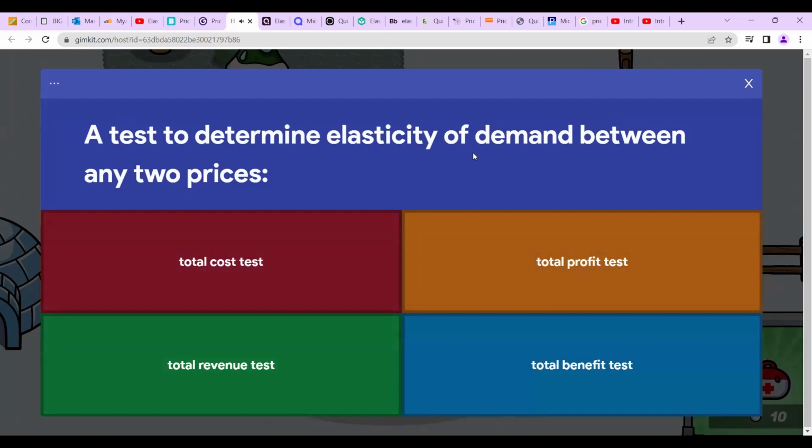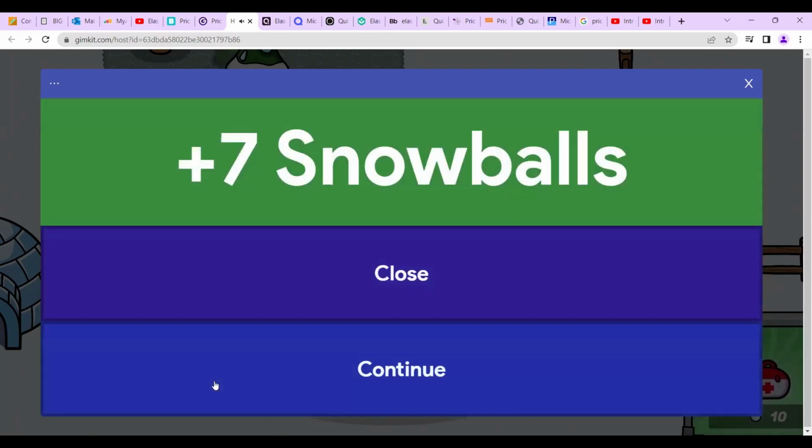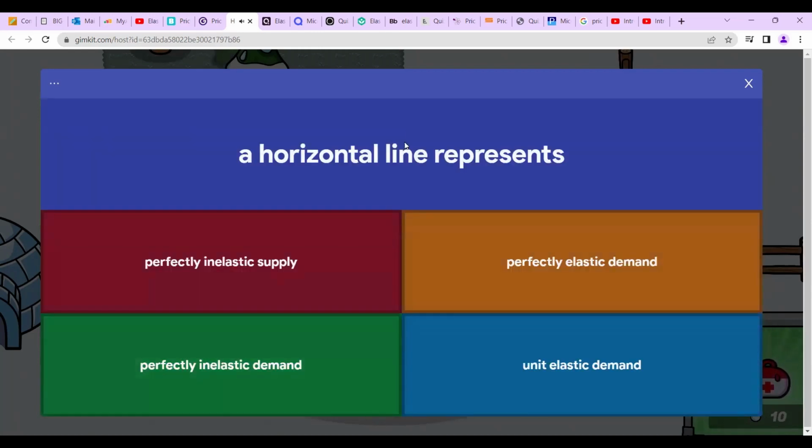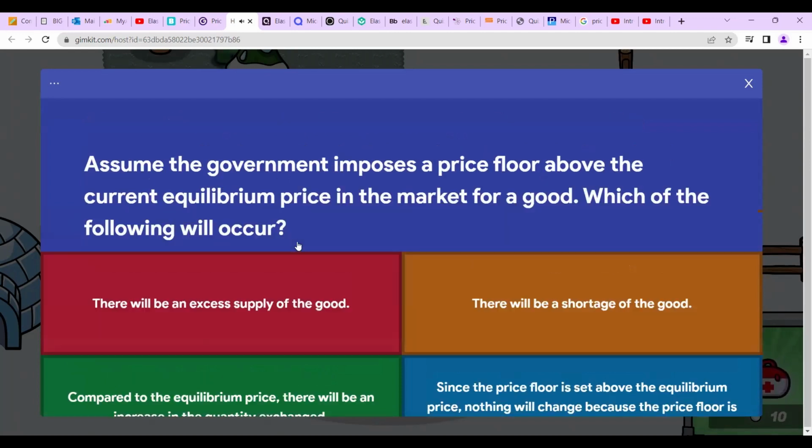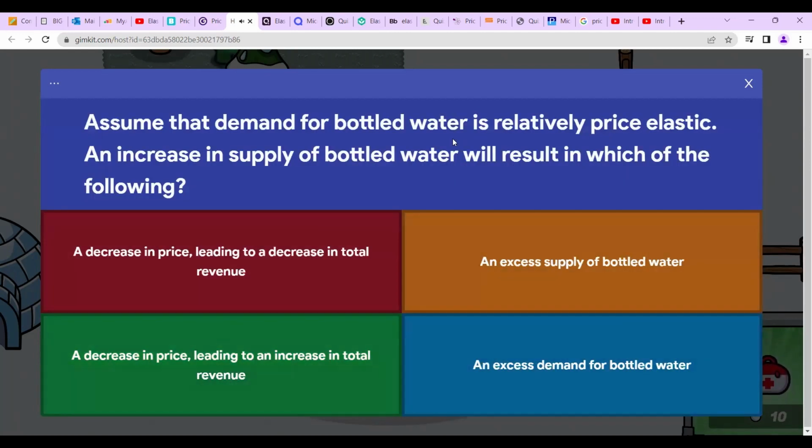Let's determine elasticity of demand between any two prices. Horizontal line represents perfectly elastic. Assume the government imposes a price floor above the previous price in the market, which the following will occur. There will be an excess supply. Given that the demand for bottled water is relatively price elastic, an increase in the supply of bottled water will result in which of the following?